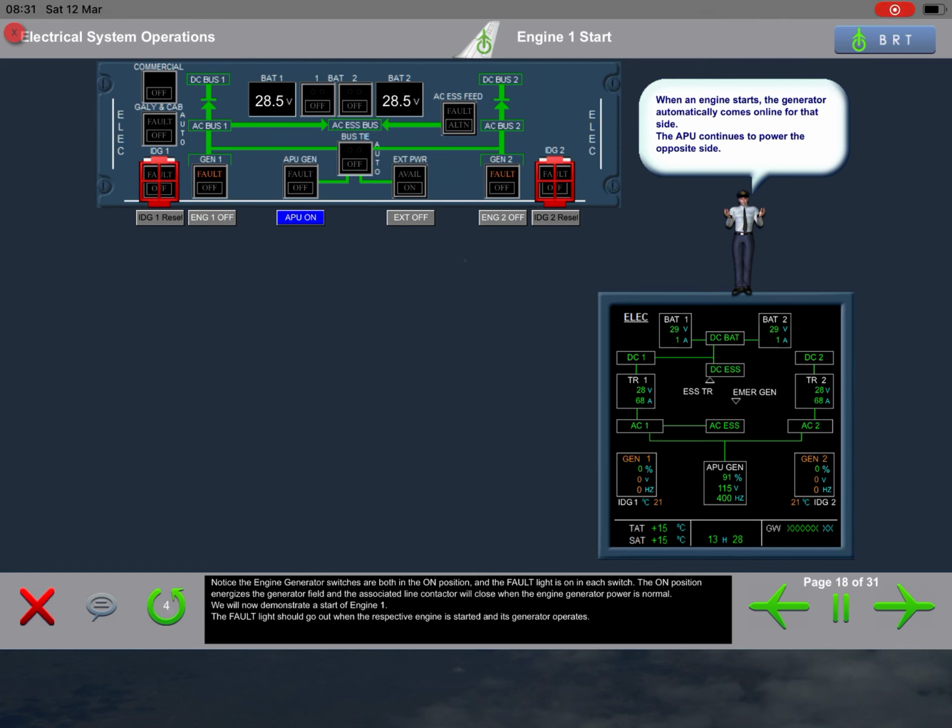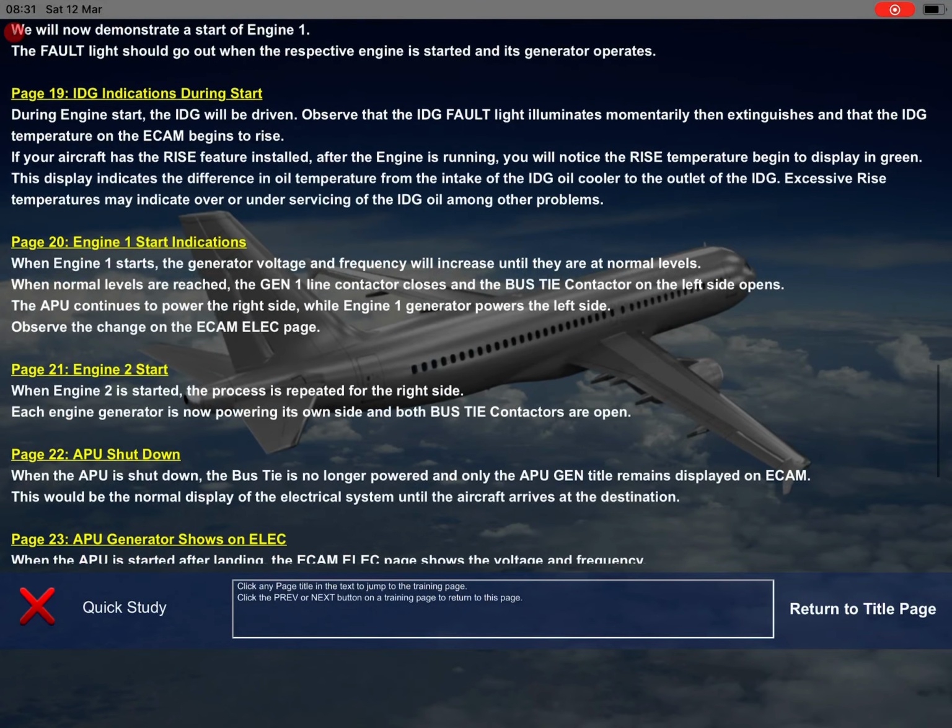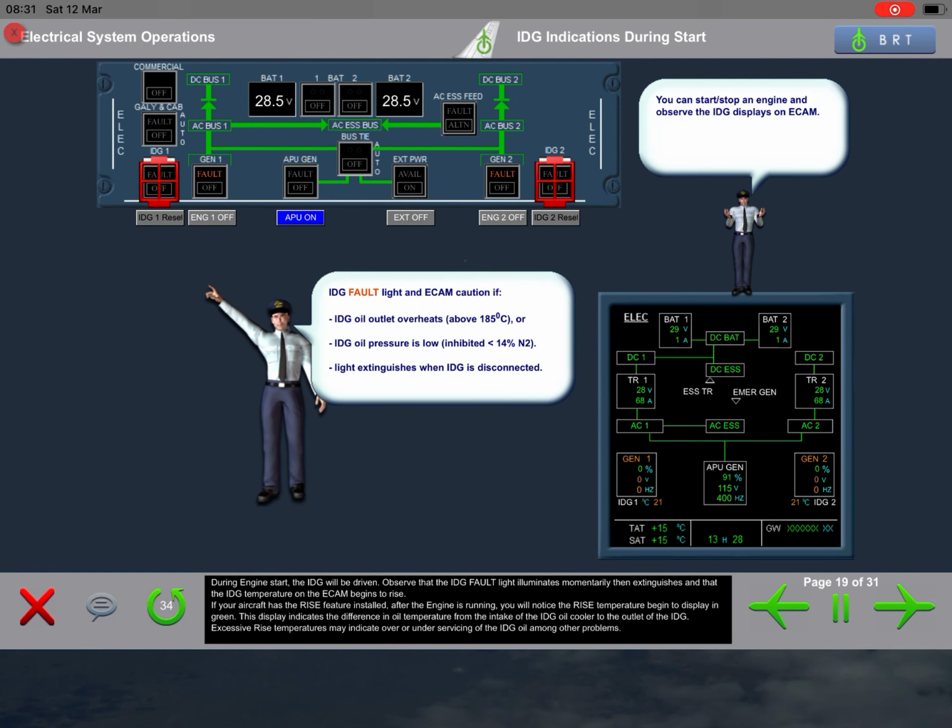The fault light should go out when the respective engine is started and its generator operates. During engine start, the IDG will be driven. Observe that the IDG fault light illuminates momentarily, then extinguishes, and that the IDG temperature on the ECAM begins to rise.